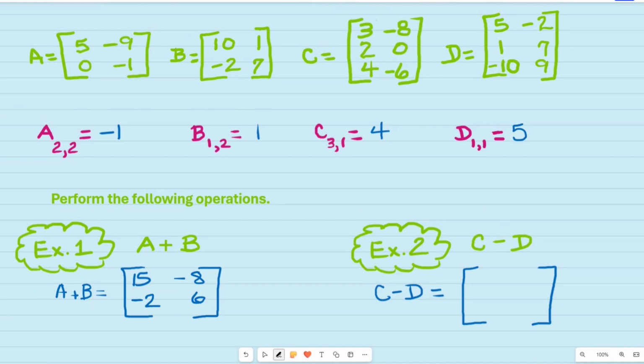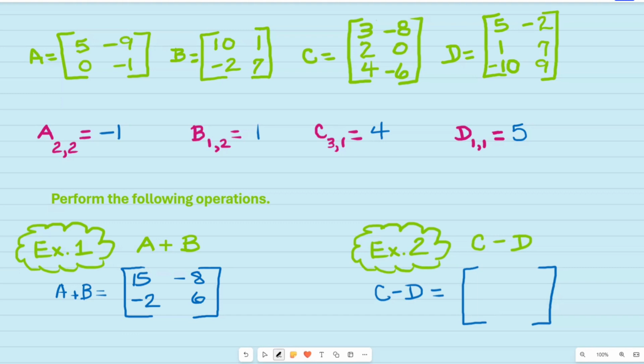For example 2, I'm now subtracting D, so you have to be careful. Anything that follows the subtraction sign, all of the signs in that matrix will change. So all of the elements in D will change signs because there is a subtraction sign in between those two. So this is 3 minus 5, -8 minus -2, 2 minus 1, 0 minus 7, 4 minus -10, so that's going to change to a plus, -6 minus 9.